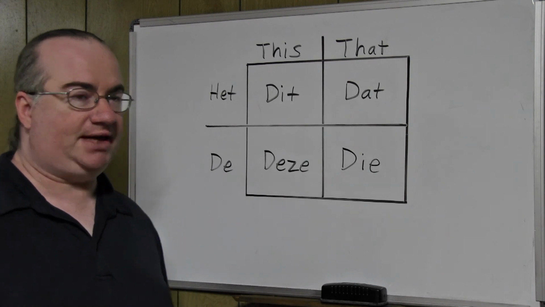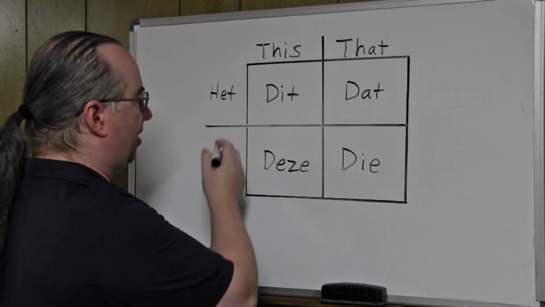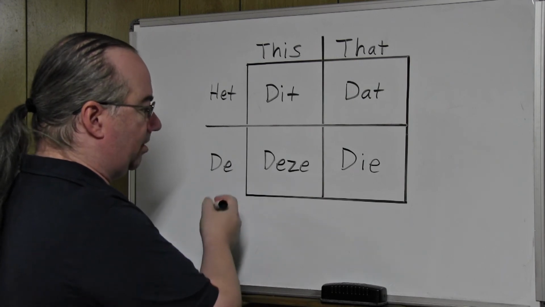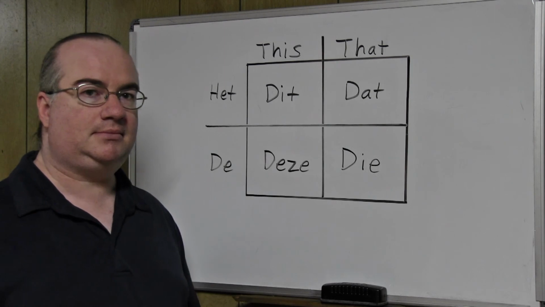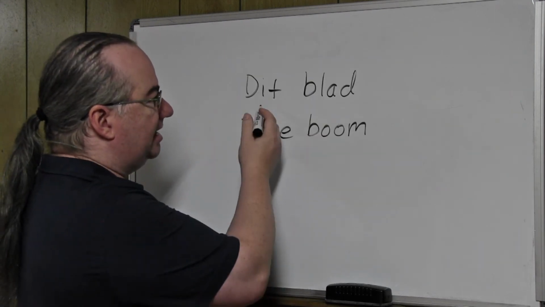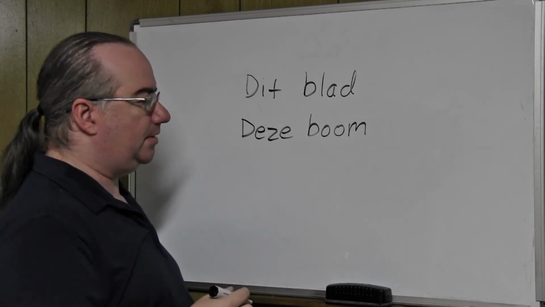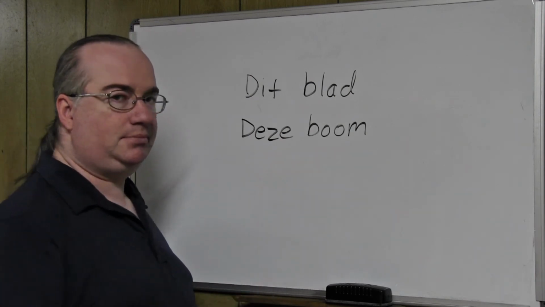So for this and that, we use dit and dat for het words, and for de words, we use deze and die. So if we wanted to say this leaf, we say dit blad. And if we want to say this tree, then deze boom.